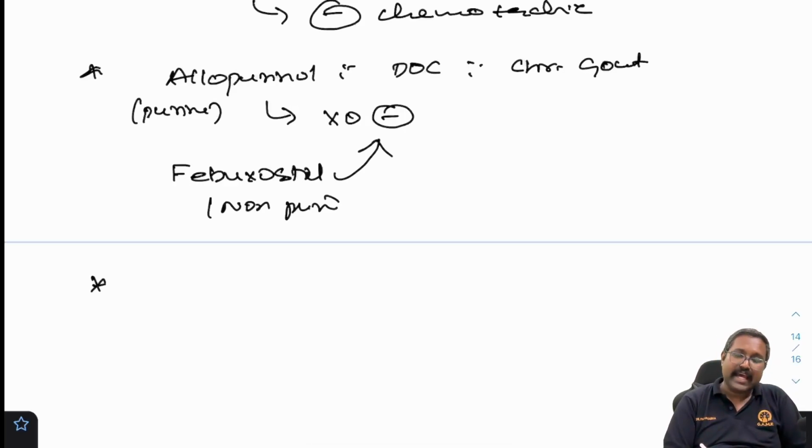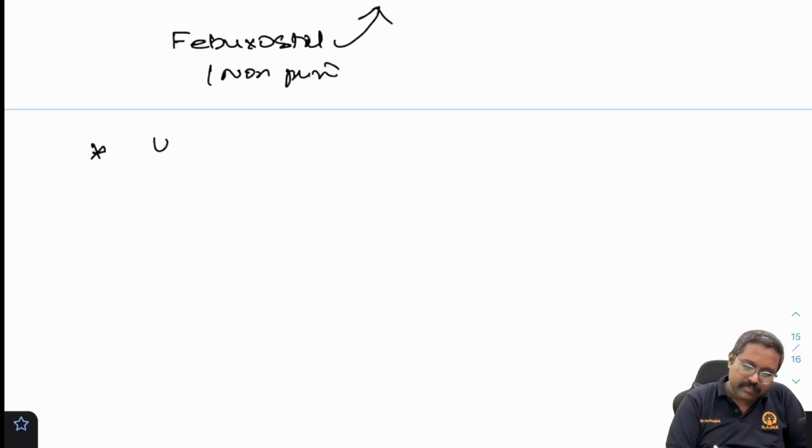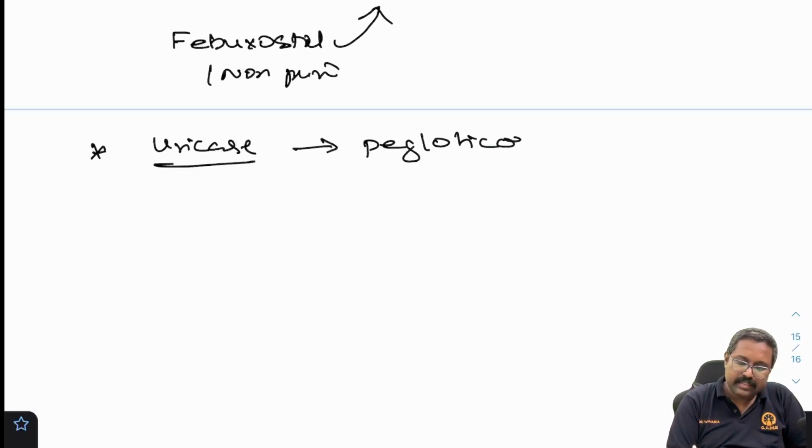We have some other drugs which can increase the uric acid breakdown by uricase activity. We have pegloticase, and we have rasburicase.